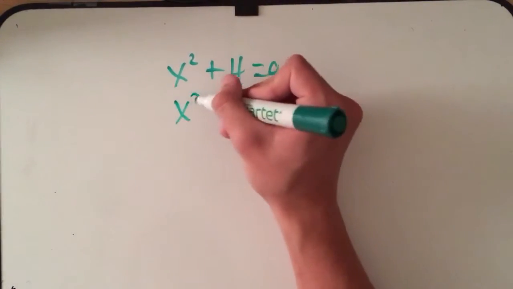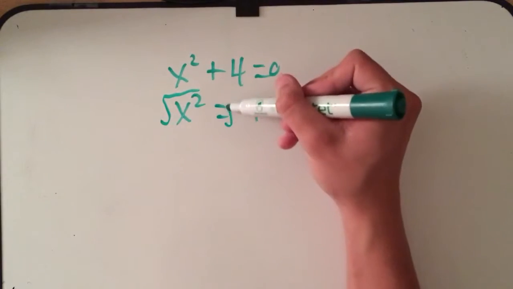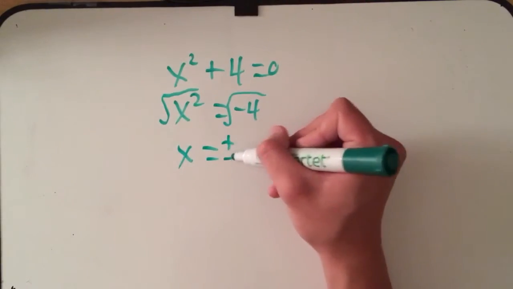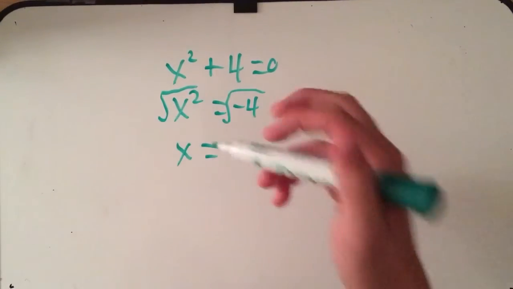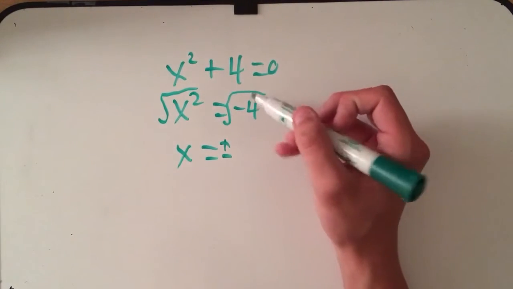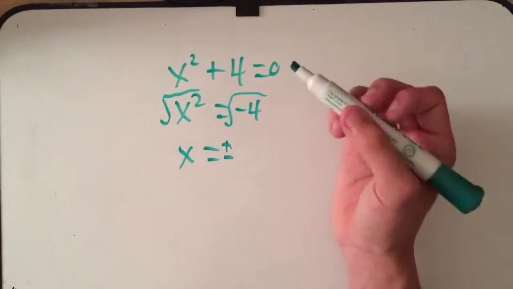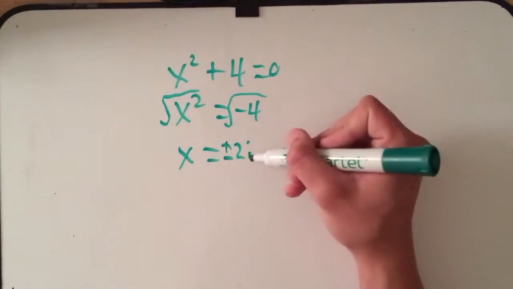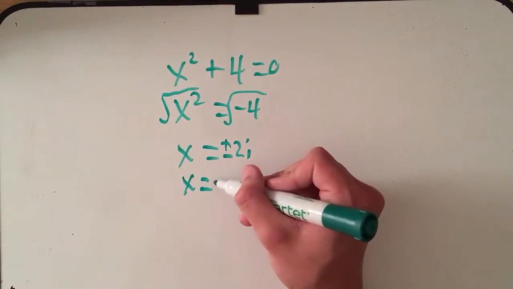But if you do the same case and you subtract and do square root, you get x equals plus or minus, and you know 2 times 2 is equal to 4, so 2 can get out of there, but then you're like, what do I do with that negative? Well, if it's a negative, you can make it an i, which is basically an unknown, so this is an imaginary number, but it'll still get you the answer.